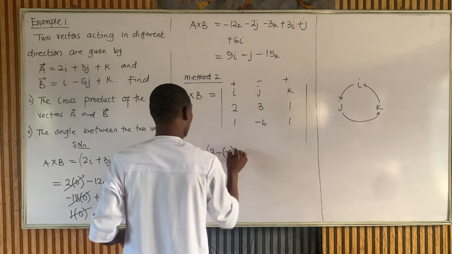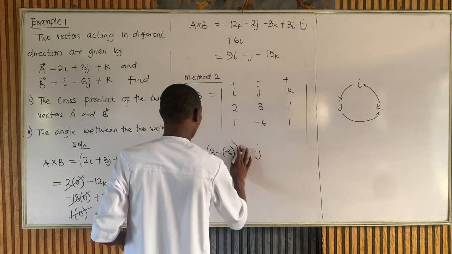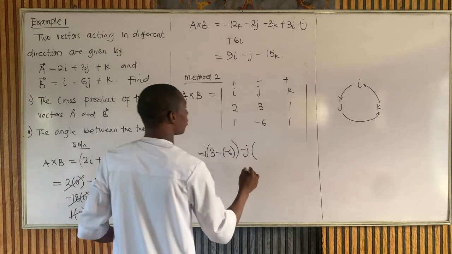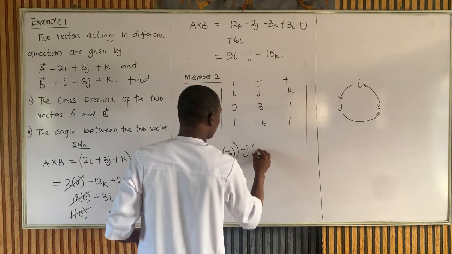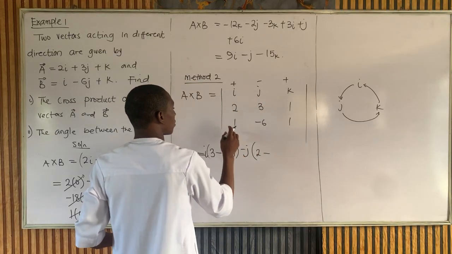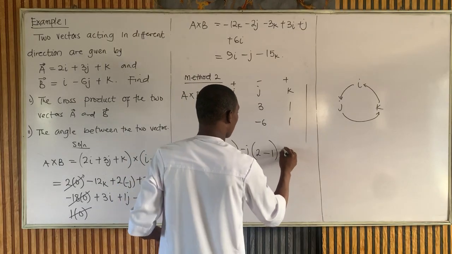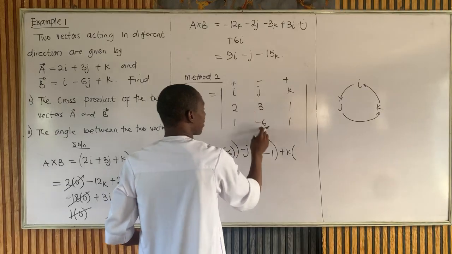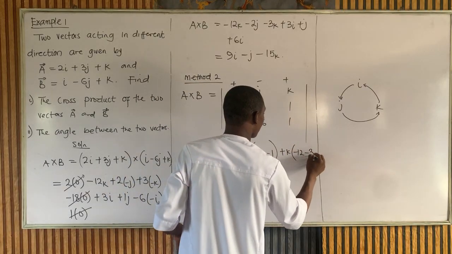This is our I. Then minus j, close here and here, you get 2 times 1, that's 2, minus 1 times 1, that's 1. Then plus k, close here and here, 2 times minus 6, minus 12, minus 1 times 3, that's 3.